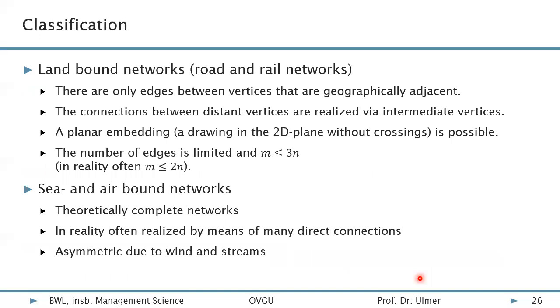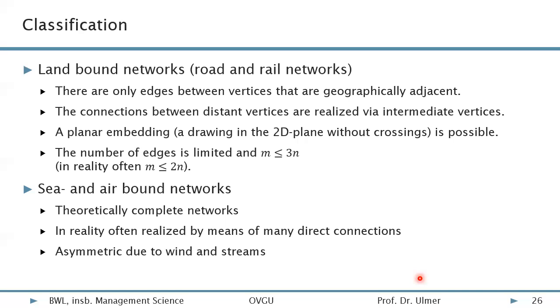Okay, and finally, some classification. We have land-bound networks, road and railways, and these usually only have a very limited number of edges. If we look at a road network in a city, Magdeburg has probably about 30 to 40,000 locations of shops and addresses.